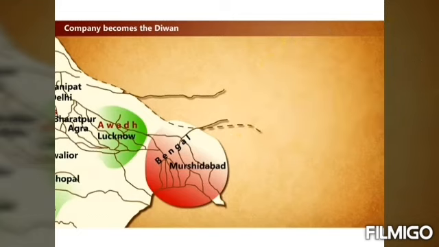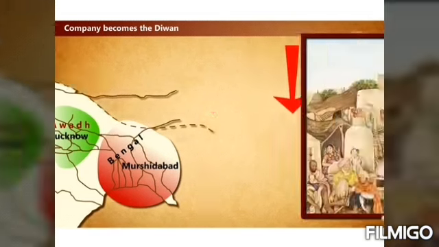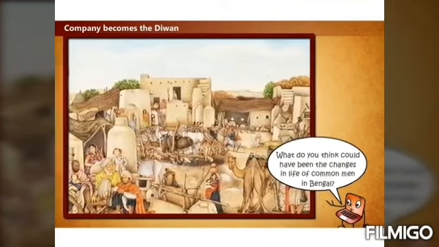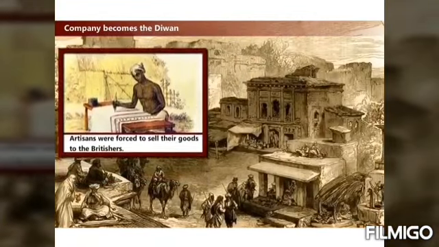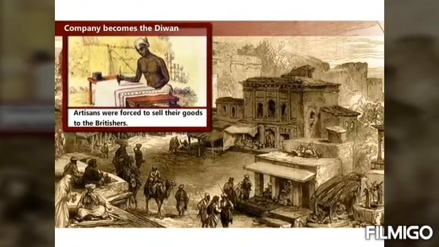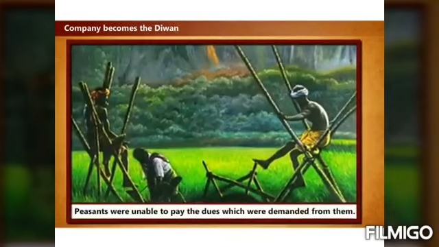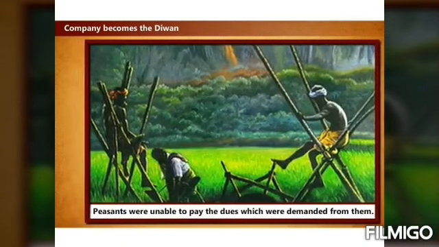Due to this, the Bengal economy was facing a deep crisis. What do you think could have been the changes in the life of common men in Bengal? Artisans were deserting villages since they were being forced to sell their goods to the company at low prices. Peasants were unable to pay the dues that were being demanded from them.